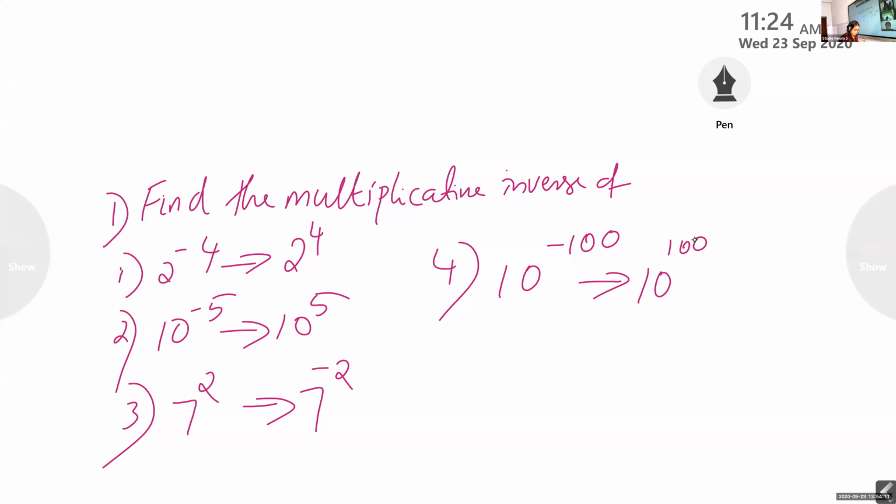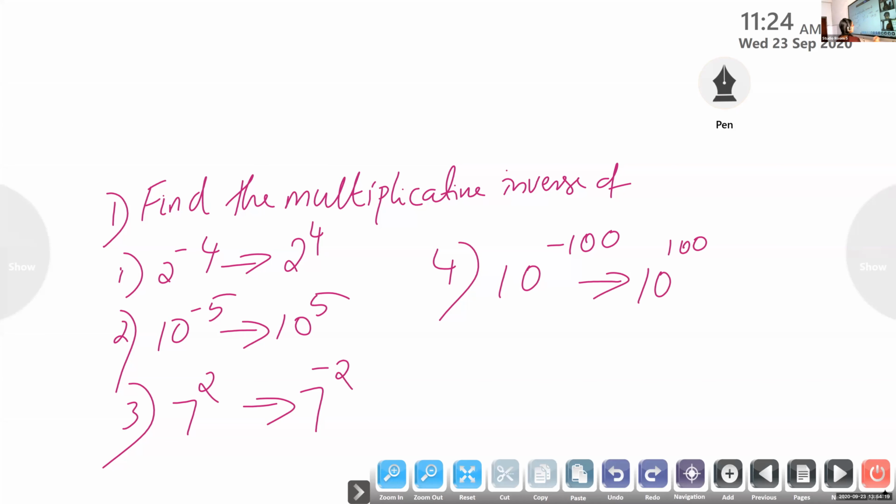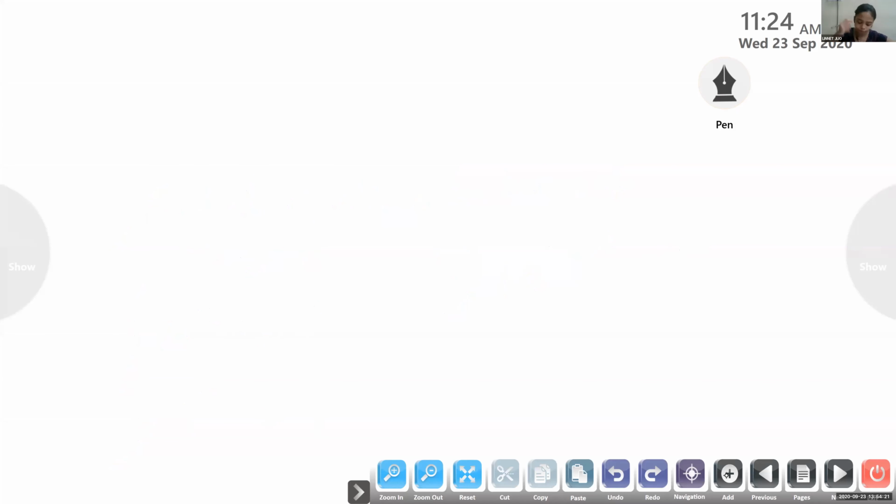Okay. Next, simplify and write in exponential form.